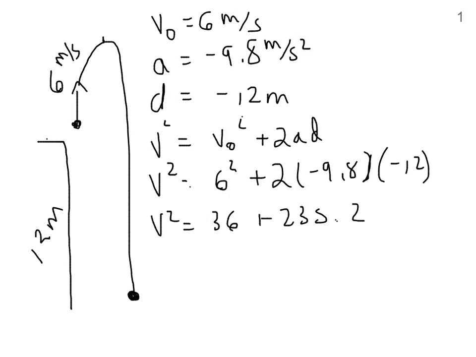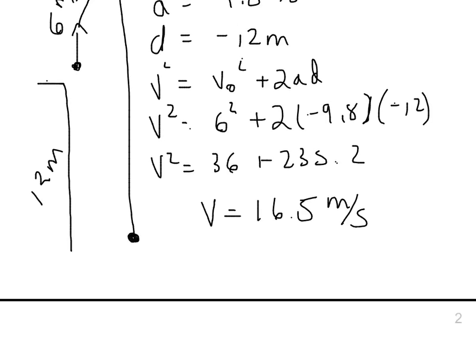It's positive because a negative times negative gives me a positive number. Add 36 to that, take the square root, and I find that the final velocity of this thing hitting the floor is 16.5 meters per second, which is what I got before.